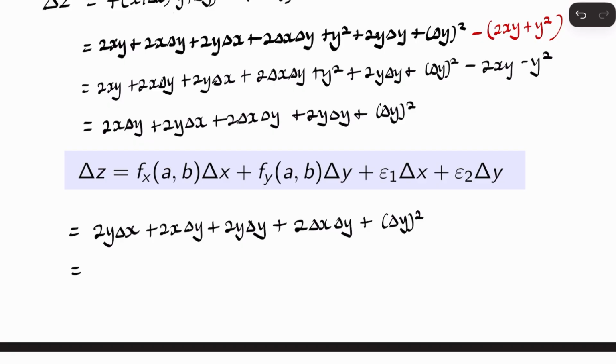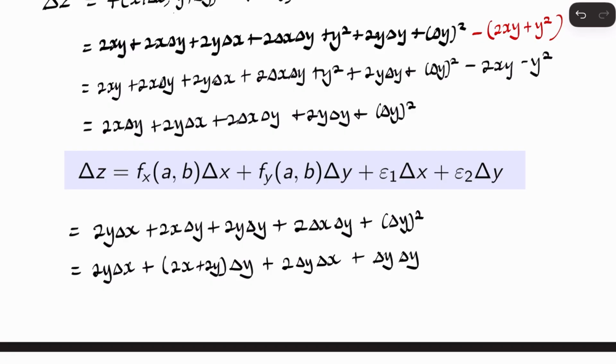So we can rewrite this as 2y delta x plus, here we factor out delta y, giving us (2x plus 2y) times delta y, plus 2 delta y times delta x, plus delta y times delta y.